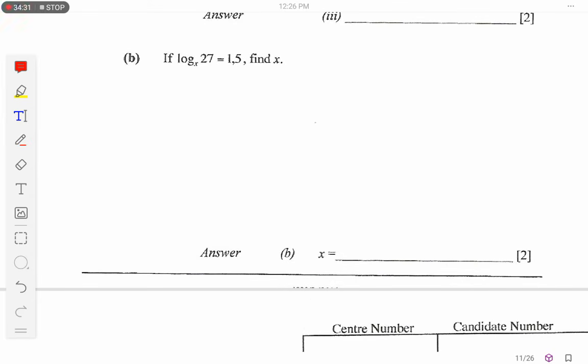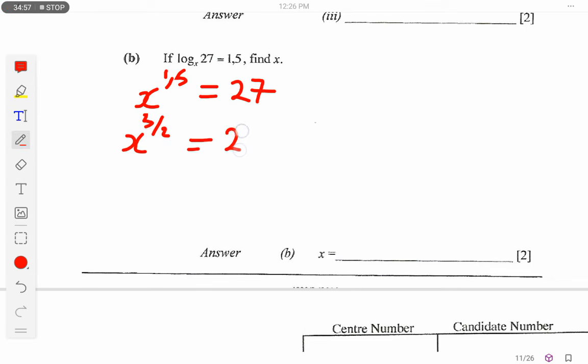Here we are looking for the value of x. When we have this question, we can raise our base to the power of 1.5. So x to the power of 1.5 is equal to 27. Then 1.5 is the same as x to the power of 3/2 is equal to 27.